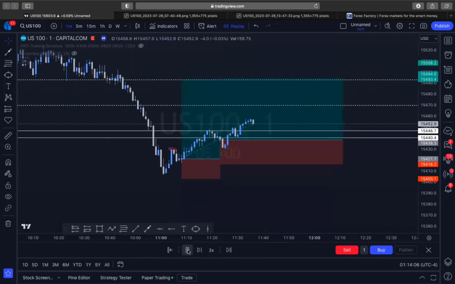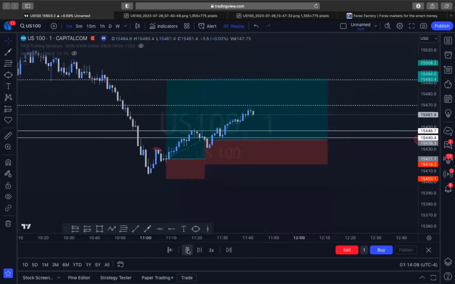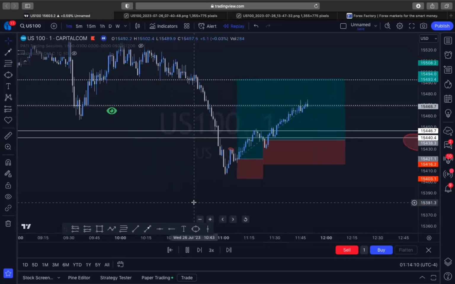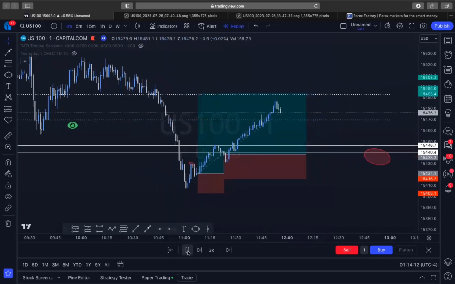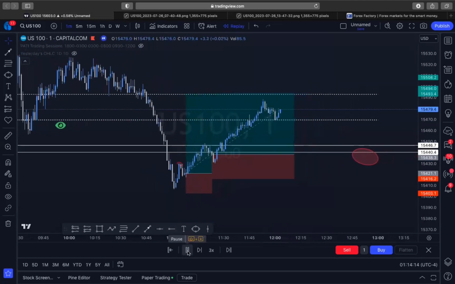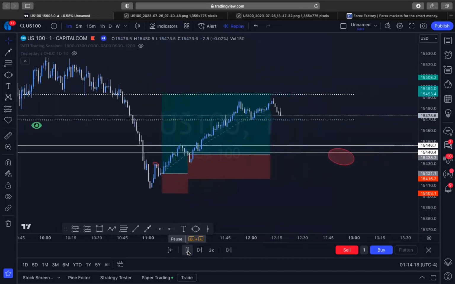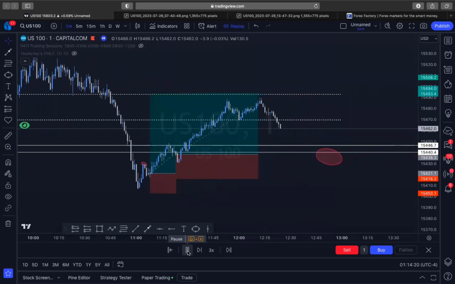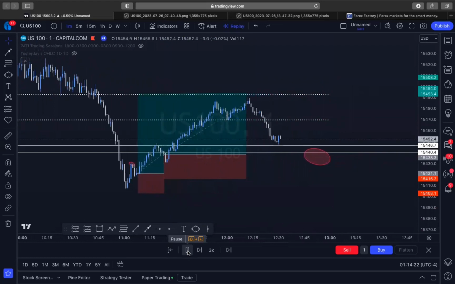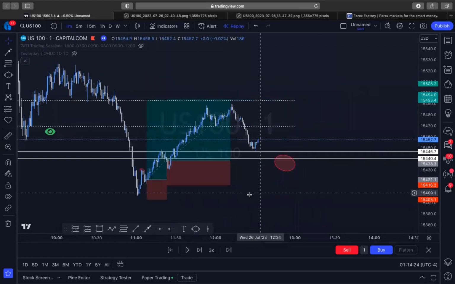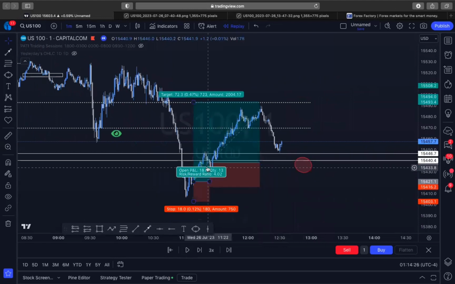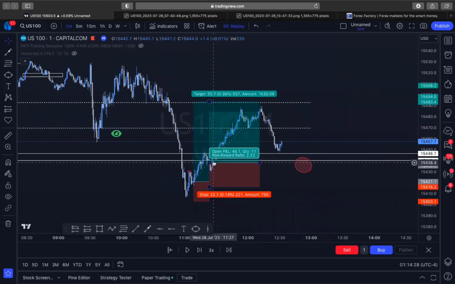Let's see what she does. And that's where I'm wanting to take most of my position off because I'm already entering at that zone. So this was another entry. I was waiting to see if it did give me another entry here.